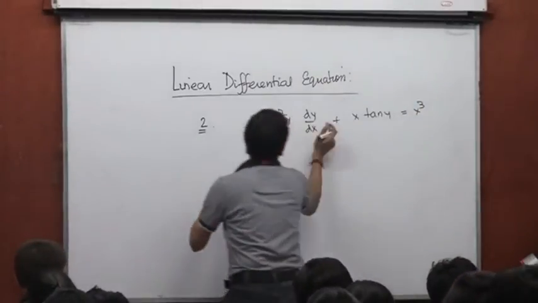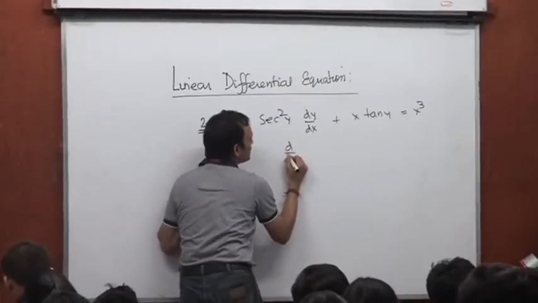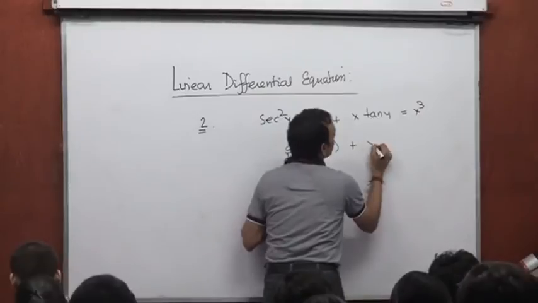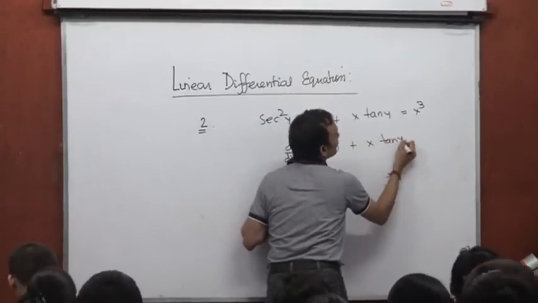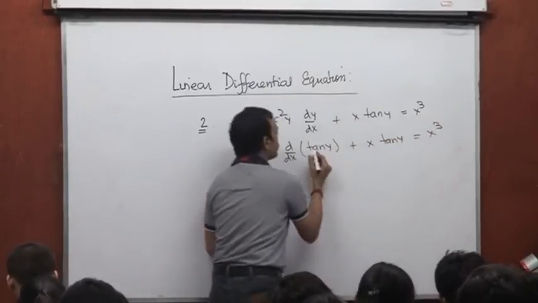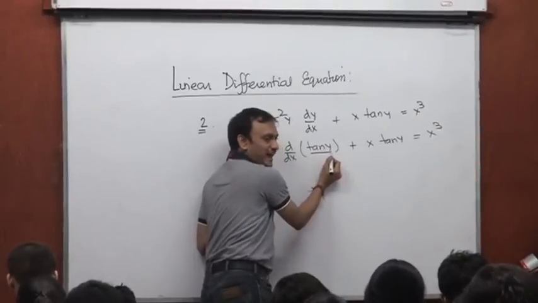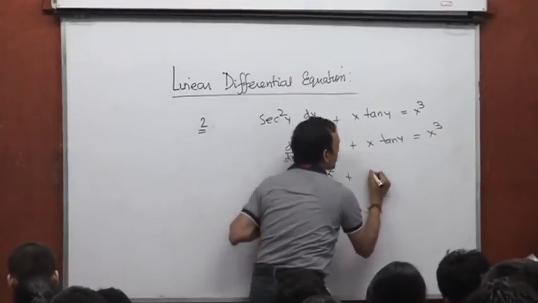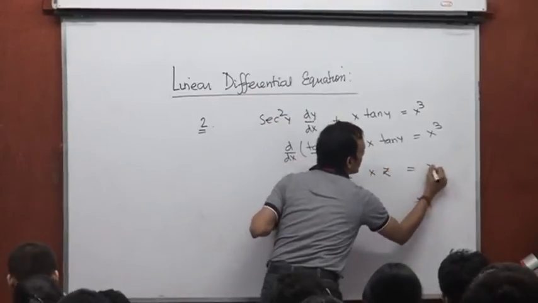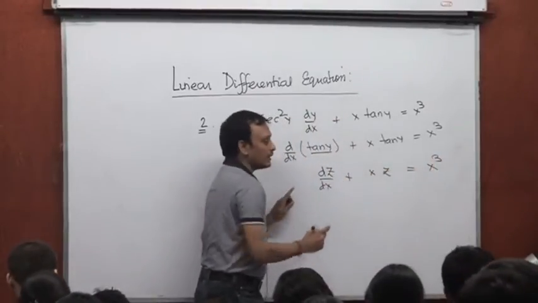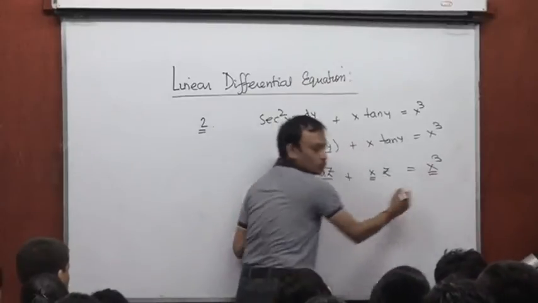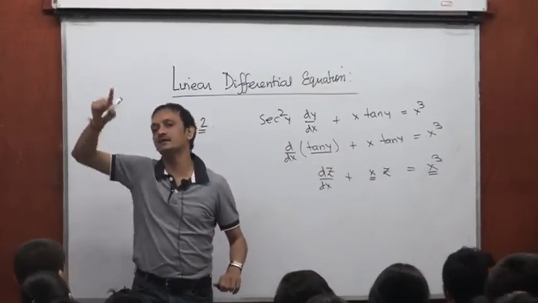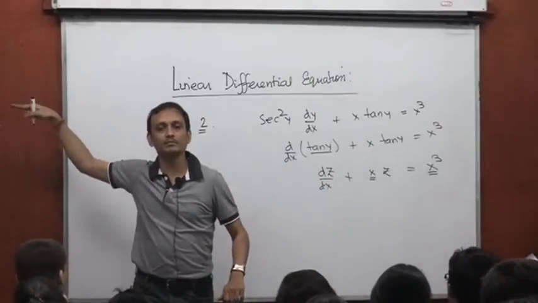See, the sec squared y dy/dx can be written as d/dx of tan y, plus x tan y is x cube. So do you realize it has become linear in tan y? It's now dz/dx plus x into z is x cube, linear in z, where p is x and q is x cube. The solution would be z e power integral p dx is integral q e power integral p dx dx.